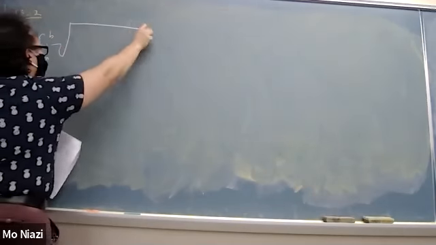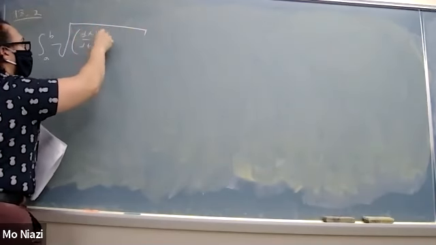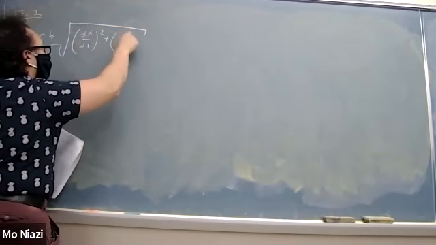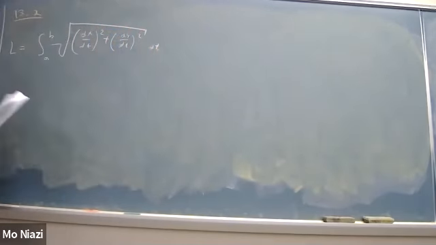Okay. Recall that a generalized arc length is equal to this. You guys remember why?